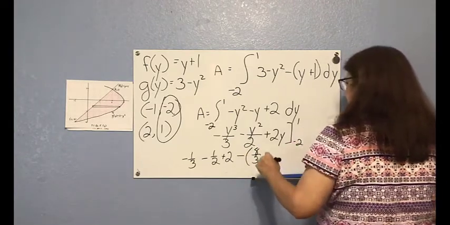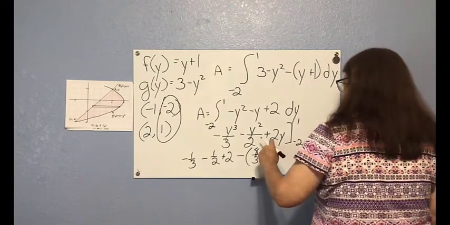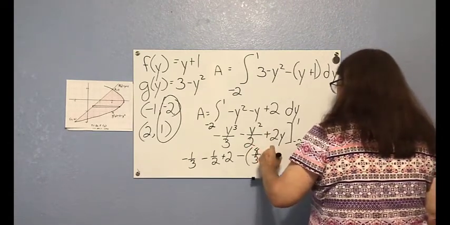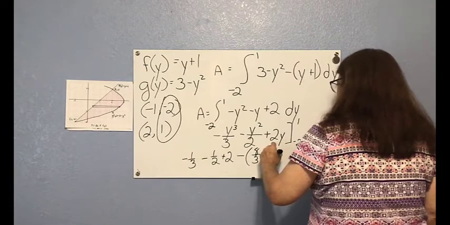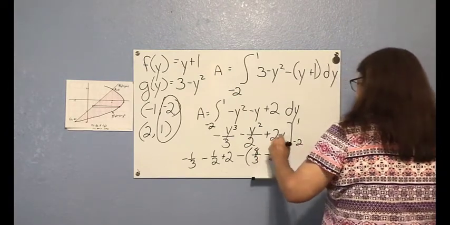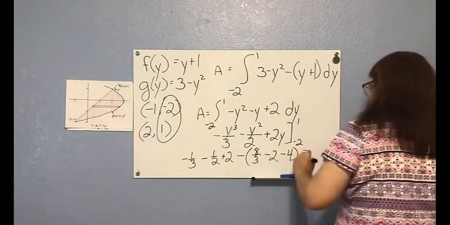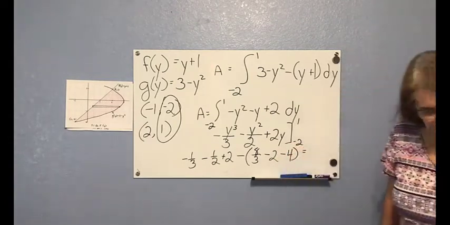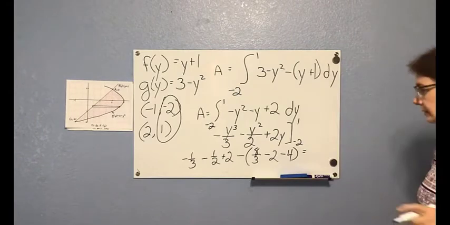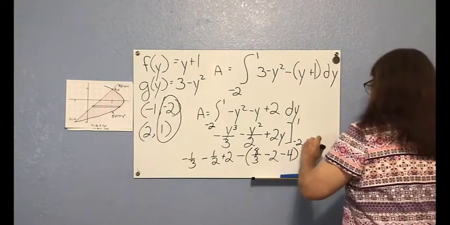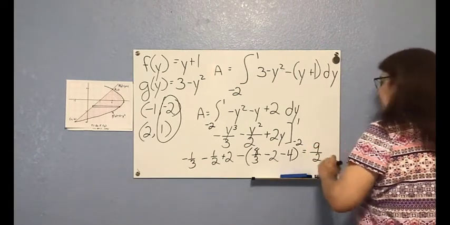and I've got -2 squared over 2, so that's 2, and 2 times -2 minus 4. Okay, simplify that all out, and I end up with 9 over 2.